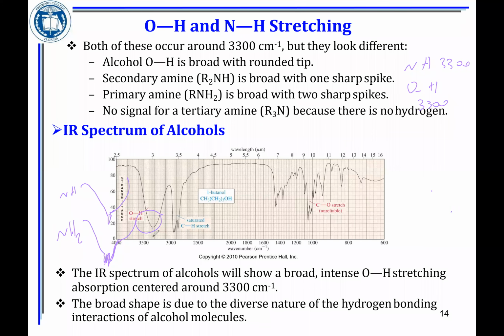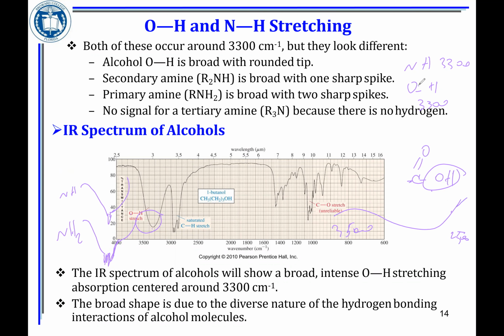So for alcohol, you would see this. Carboxylic acid also has OH, but the OH for carboxylic acid is going to be very broad. It's going to start from 2500 and stop at 3500. So if it's very broad, that means it's coming from carboxylic acid and not from alcohol.